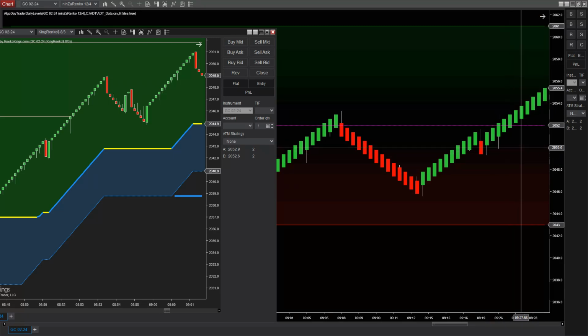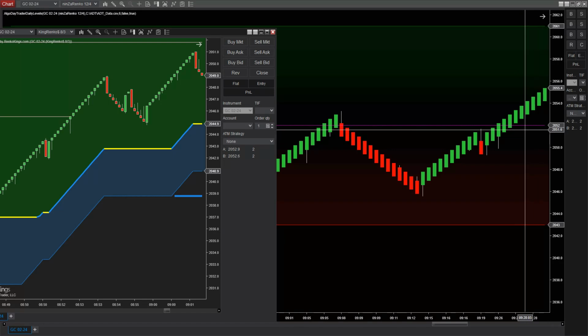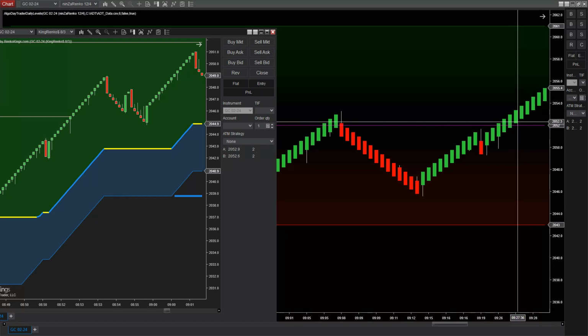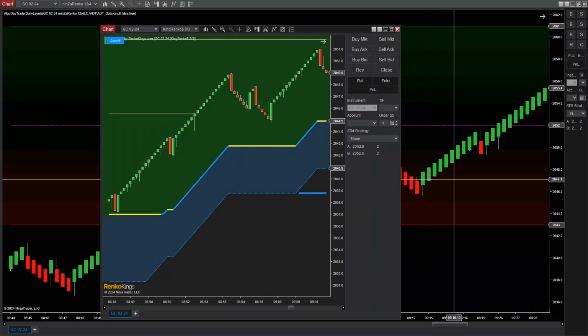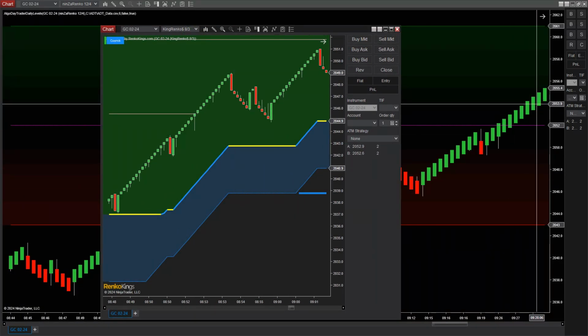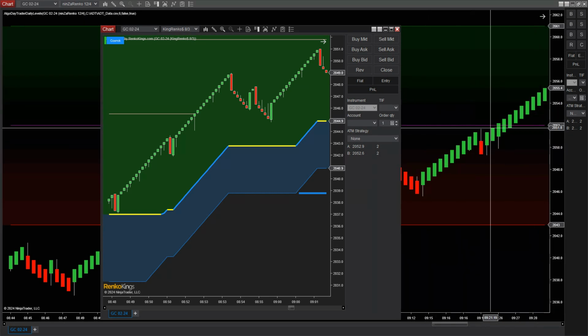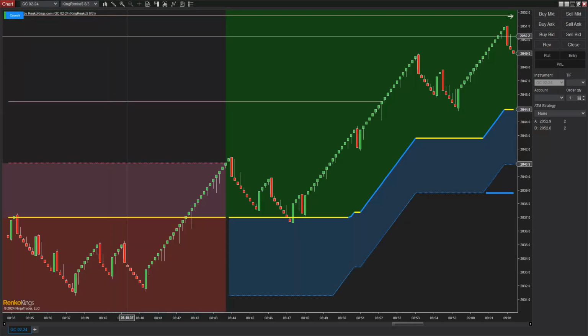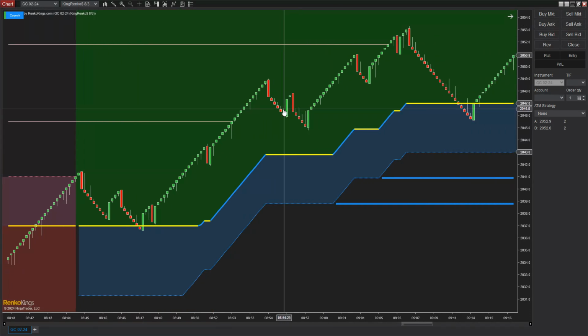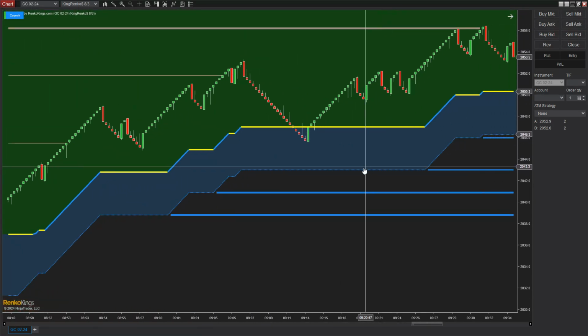So after 9:20, that's when price is going above the midpoint, and now I can start looking for long trades. After this point, I would ignore short trades unless what? Unless price again goes below the midpoint. I'm looking for longs now after 9:20. Looking for longs, no signal.